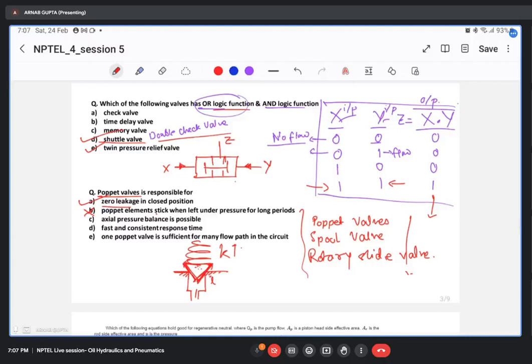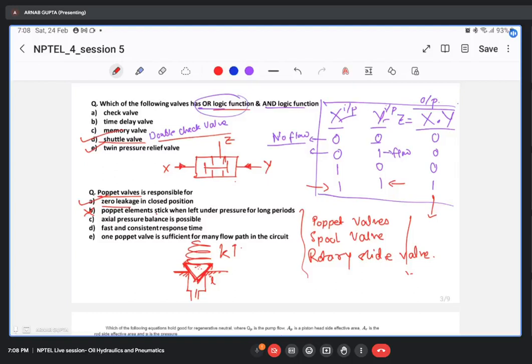What is your opinion? I am asking you. Can we balance the axial pressure? There will be some pressure imbalance that can't be avoided. So pressure imbalance in the axial direction, axial pressure imbalance will be there.